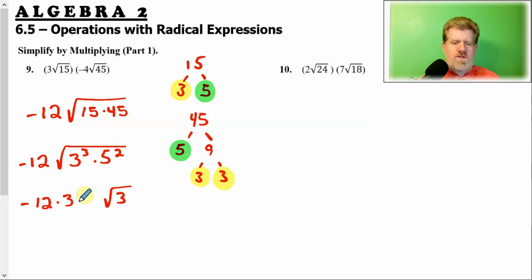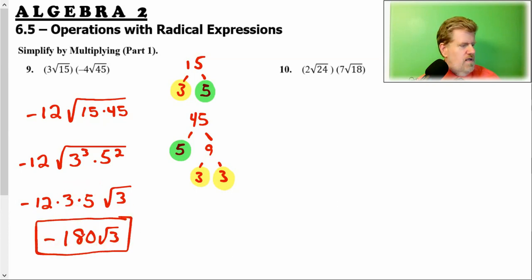Well, 2 divided by 2 is 1. Nothing remainder. The 5 gets out. So just put these together. 12 times 3 times 5. Let's see, that's 36, and 5 is -180 square roots of 3, and that is how you simplify it.